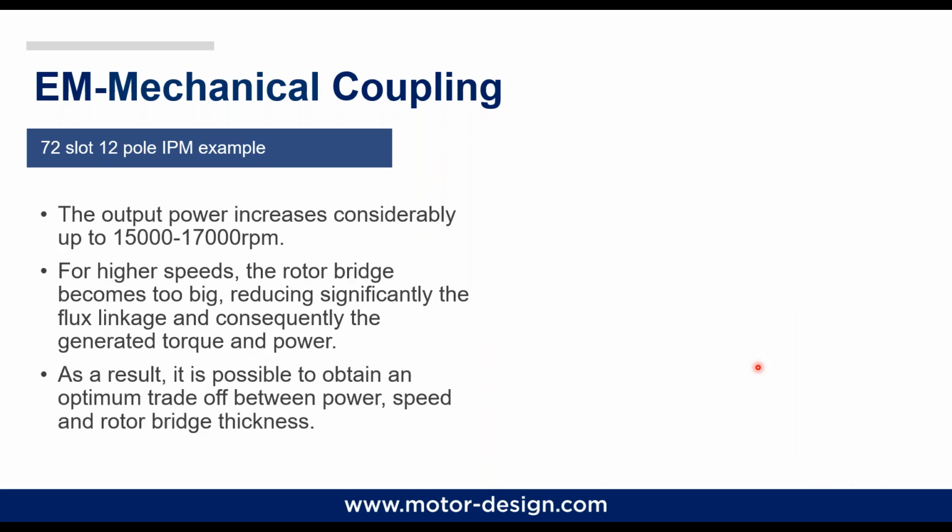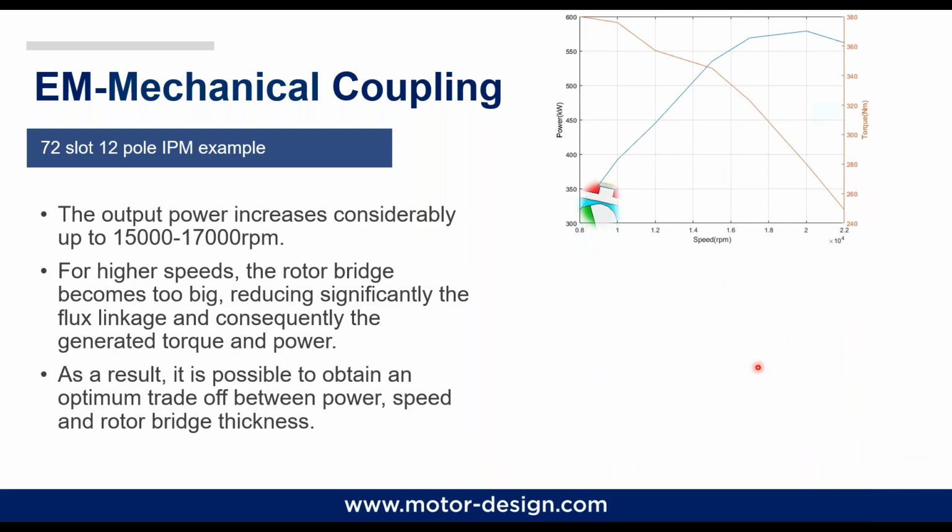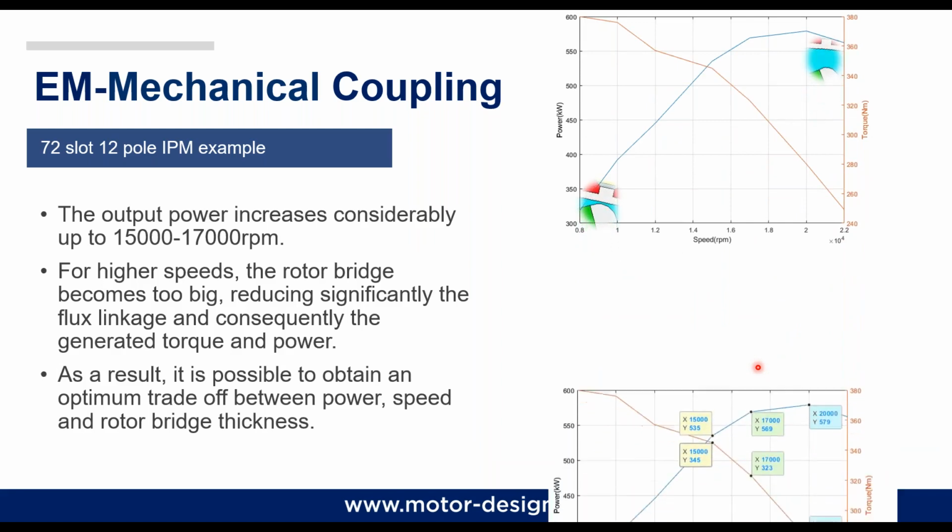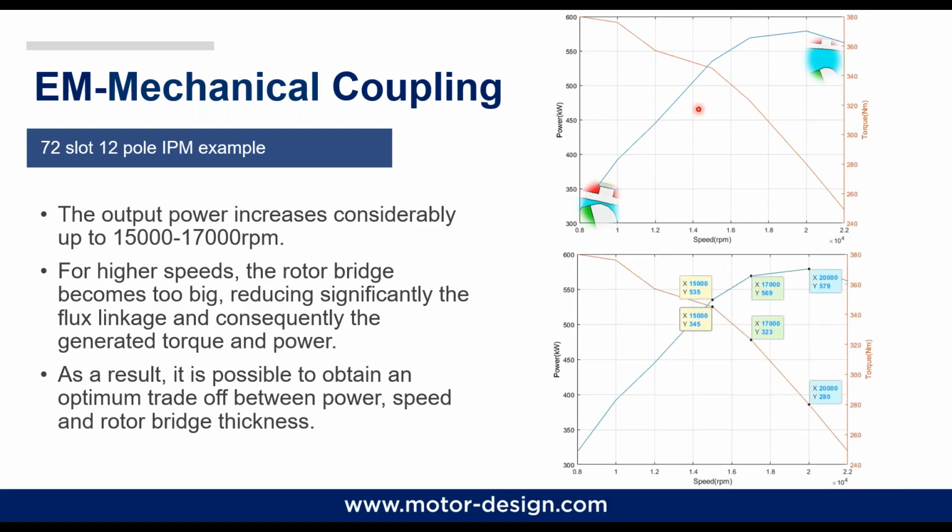From this study, it's possible to notice that the power, which is the blue line here in the figure, goes up with the speed, reaching the maximum at around 20,000 RPM. The rate of increment is quite high, from 8,000 RPM to, let's say, 17,000 RPM.